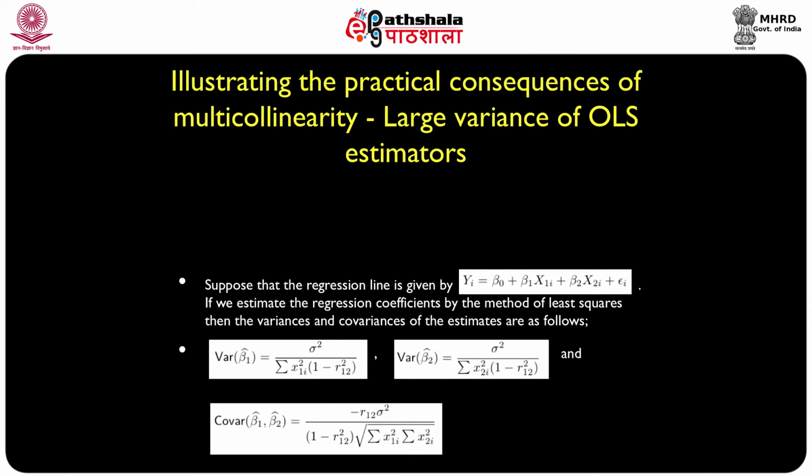And covariance between beta 1 hat and beta 2 hat is given by negative r12 times sigma square divided by 1 minus r12 square times square root of sum of x1i square times sum of x2i square.